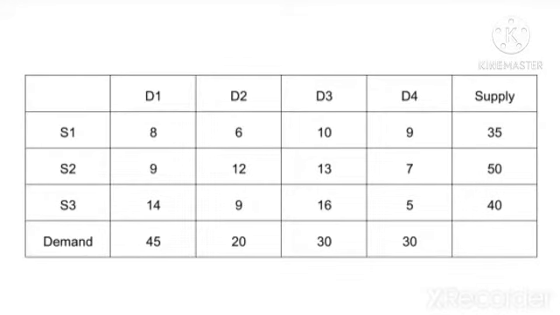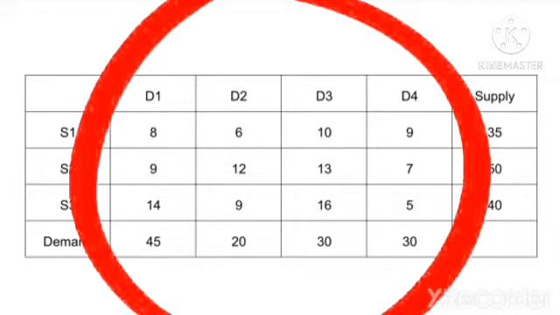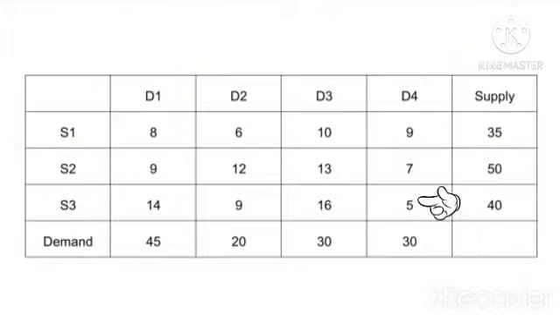We are going to find out the smallest transportation cost or the least value among these cells. Since the smallest transportation cost is 5 in cell S3 and D4, we are going to start with this cell. The demand is 30 and the supply is 40. The allocation to this cell is 30.